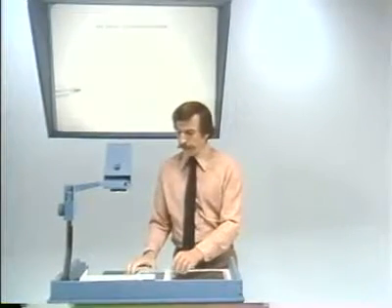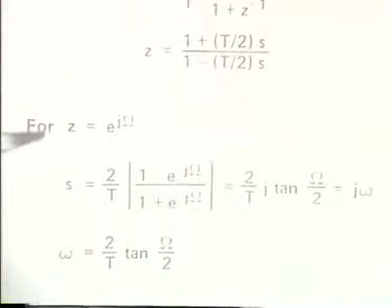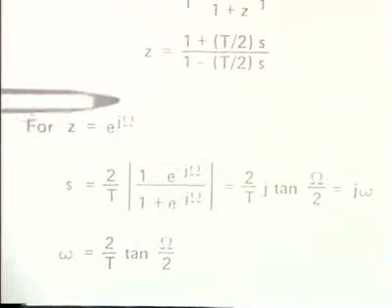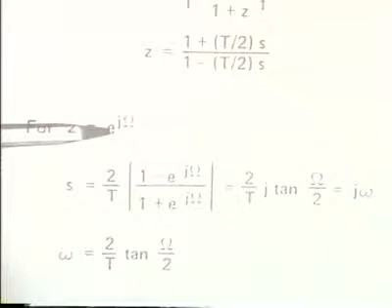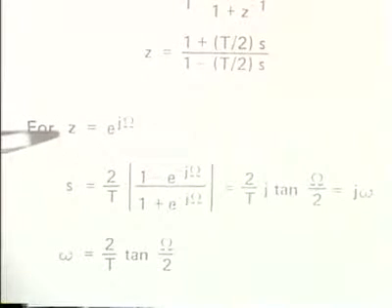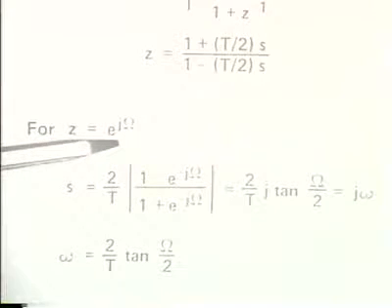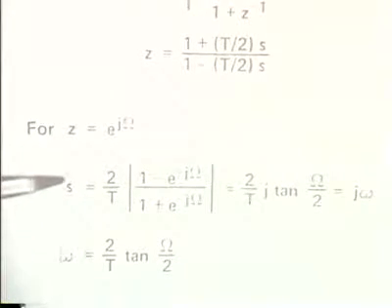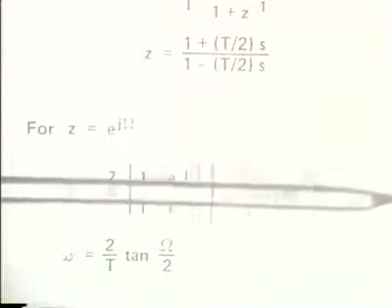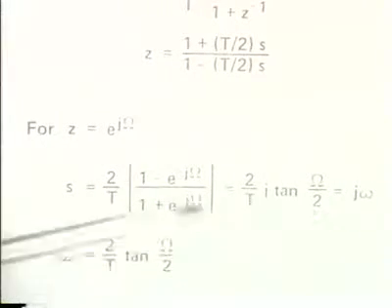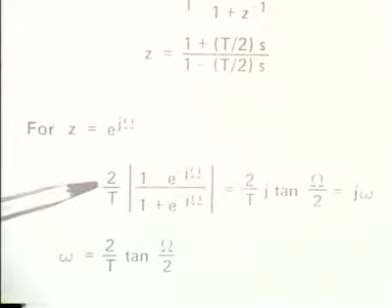And in particular, if we were to substitute into the expression z equal to e to the j omega, corresponding to the unit circle, we would find that the unit circle in discrete time corresponds to mapping the j omega axis in continuous time, which is exactly what we want.